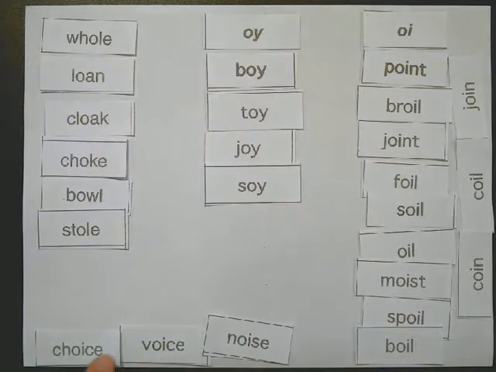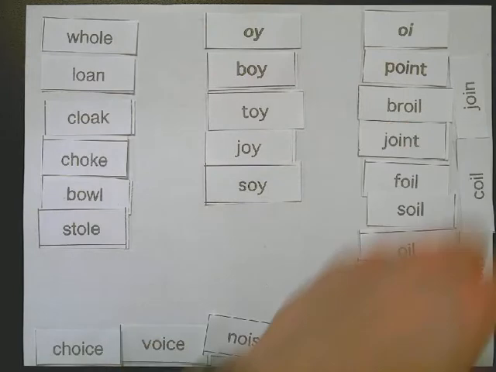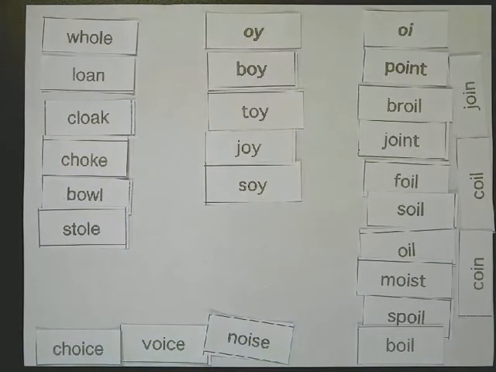These three words down here all have that same oi sound. However, because they end in E, they're oddballs because usually bossy E changes the sound of the vowel. However, in these they don't. Like in choice, voice, and noise, we still hear the oi sound even though it ends in an E.